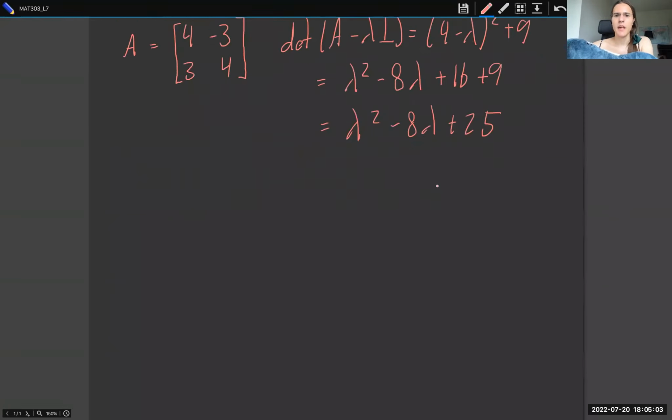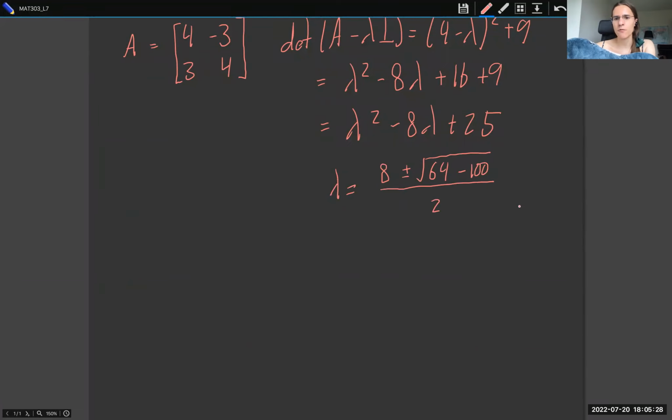And if we look at this, well, let's just do it. So lambda is, by the quadratic equation, 8 plus or minus the square root of 64 minus 4 times 25, that's minus 100, all divided by 2.